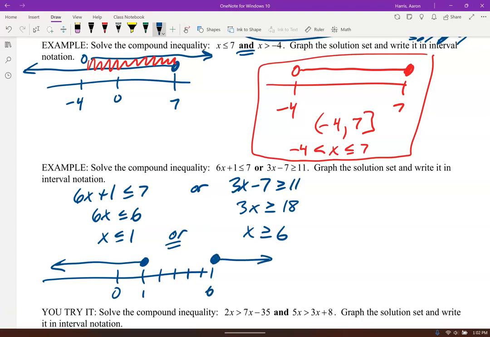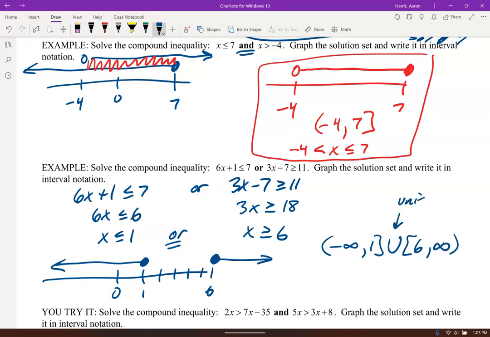So here's my graph. One or the other has to be true, not both. Notice these do not intersect anyways. So it's just one or the other has to be true. So when you write your interval notation, you can say from negative infinity up to 1, or, so we're going to put a union on there, and then you go from 6 on.